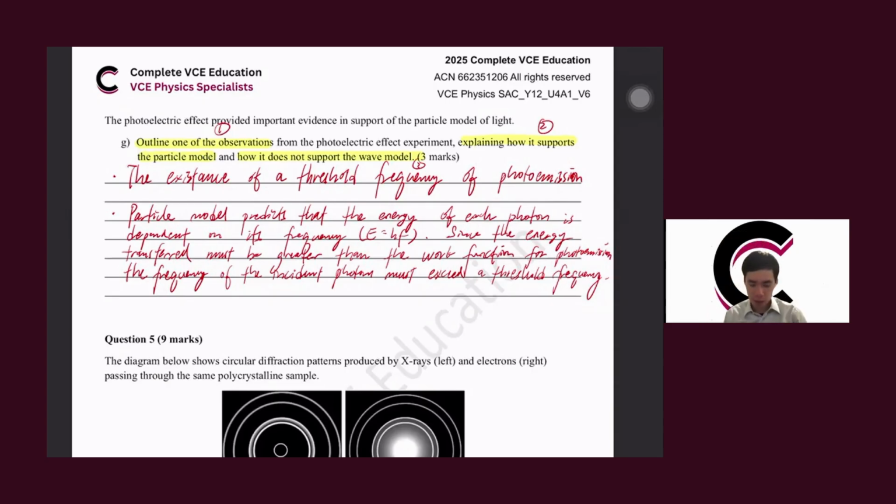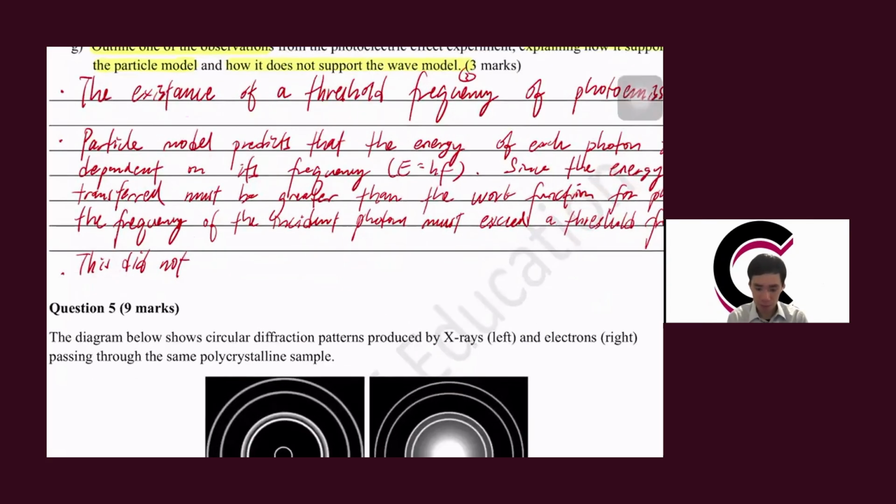Okay. And you can also add, it's actually quite comprehensive, the way we give our answers. This did not support the wave model. You're going to explain why, right?